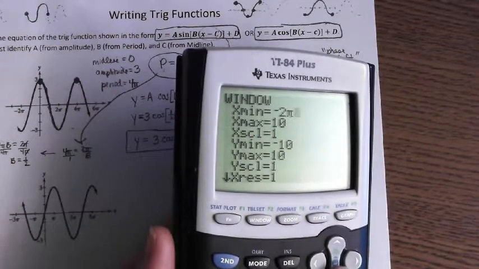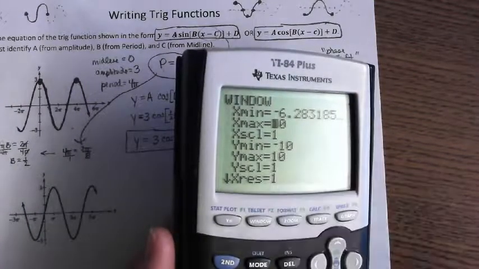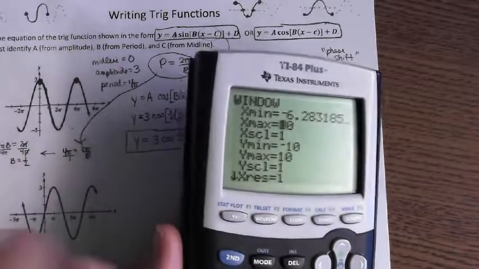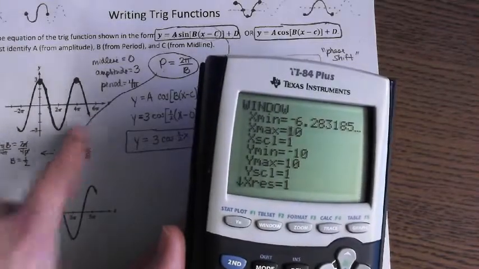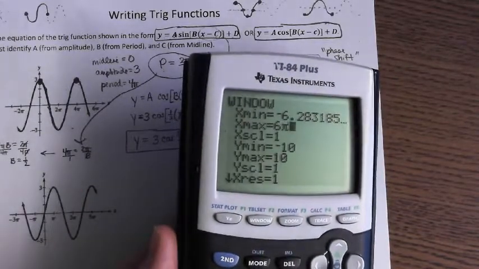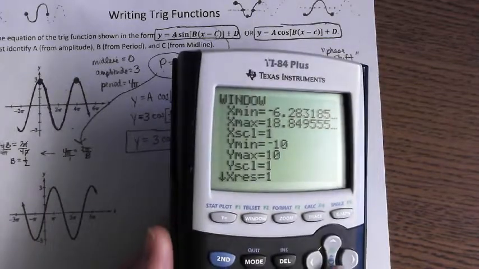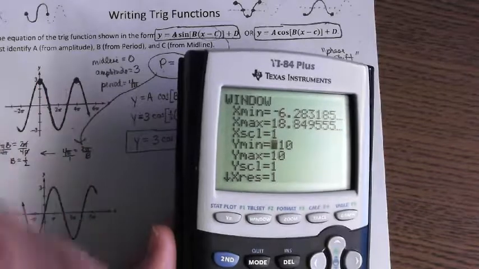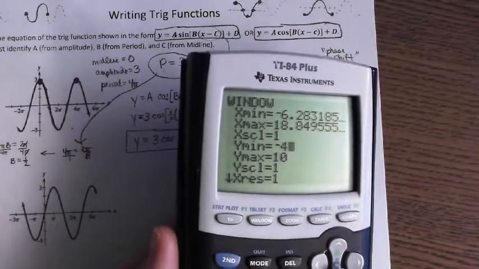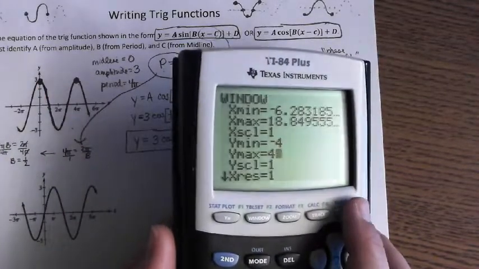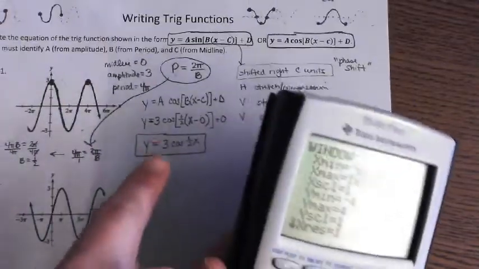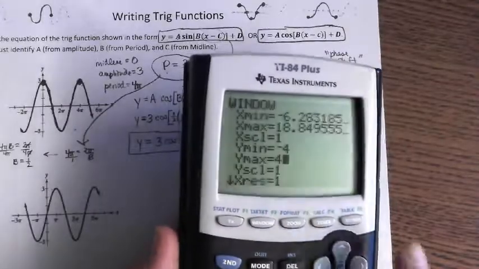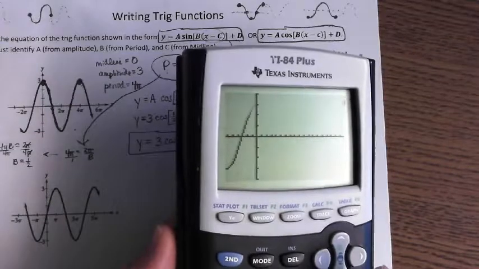When I scroll off of that, it's going to change it to a decimal. That's fine. And then we're going to go up to 6 pi. And then our y window goes as low as negative 3 to as high as 3, so I'll go negative 4 to 4 just so I see the whole thing. And then I'll see, is the equation I wrote matching the graph, almost like a checking mechanism?